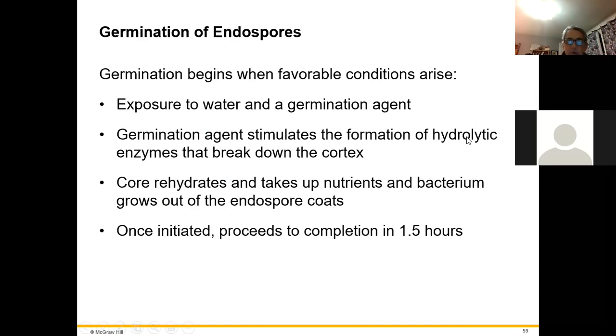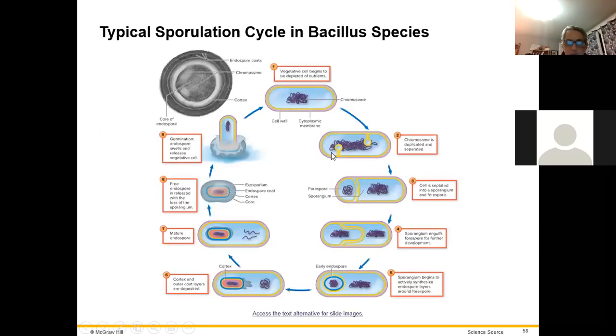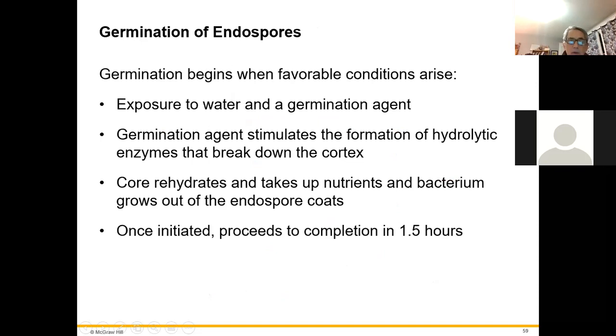They break down the cortex area of the endospore, and the core part rehydrates, starts taking up nutrients, and a new bacterium grows. Once this process is initiated, it takes about 1.5 hours. And then, as we said before, within 7 or 8 hours, we have actively growing cells again.